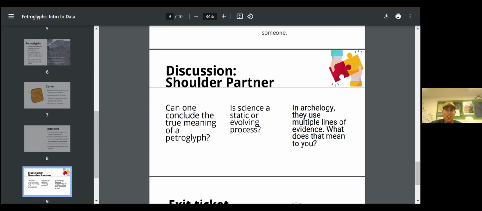And they saw that science is not the end all be all. It's like a living thing. It will keep changing once you get more information. And now they're realizing that. So I thought that was cool.